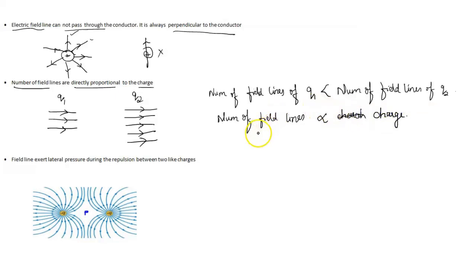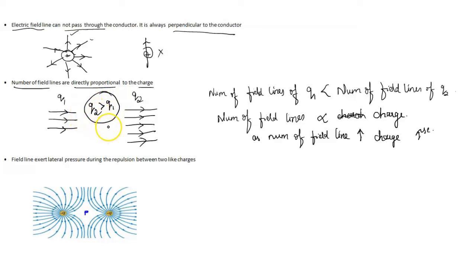As the number of field lines increases, the charge must increase. So looking at these two diagrams, we can say that Q2 must be greater than Q1. This is the sixth property of electric field lines.